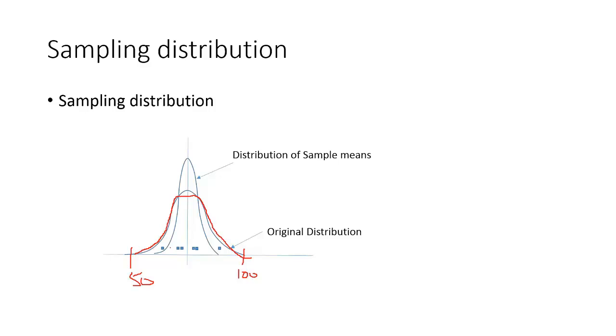Now, if your sample size was greater than 1 but less than infinity, as the sample size gets larger and larger, you're still dealing with a distribution, because each time you take a sample of, let's say, 5 or 10 or 20, you're going to get some sample mean from that, and that sample mean is not always going to be equal to the exact overall population mean, but it's going to be some number nearby.